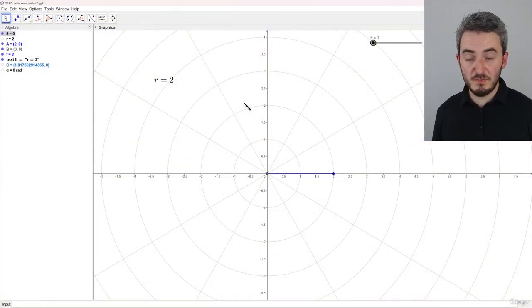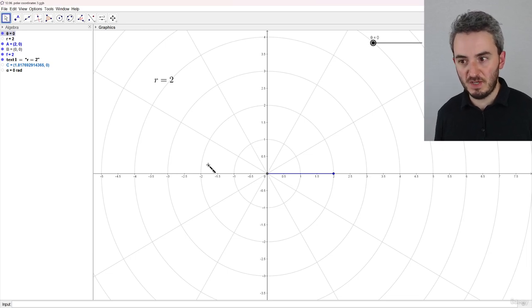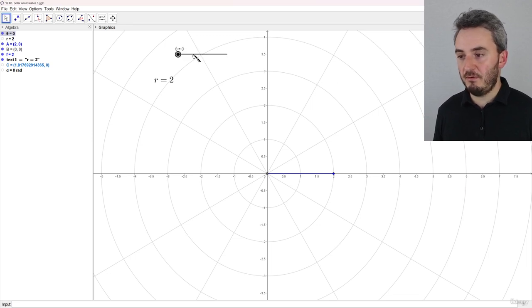So let's start with a very simple one, which is just r equals 2. Now, you'll notice already this looks quite different to normal because I have this set up with these circular rays rather than a grid. So here's why. What we're saying is, as an angle theta varies, and here is a little slider representing theta, as this increases, I would like the distance to the origin to always be 2.